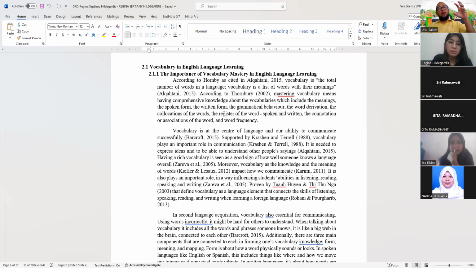Your topic has two keywords: perception and C-test. The content of a C-test can be vocabulary. Is it also possible for reading, for example, or for grammar?